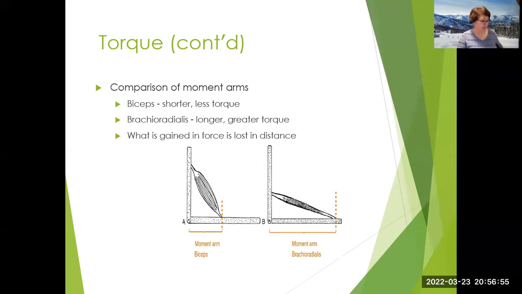So the brachioradialis is most functional in a really short range of motion, about 15 degrees, but it can really generate a lot of force. The biceps can't generate as much force, but it can generate a lot more movement. So the longer moment arm creates greater force.